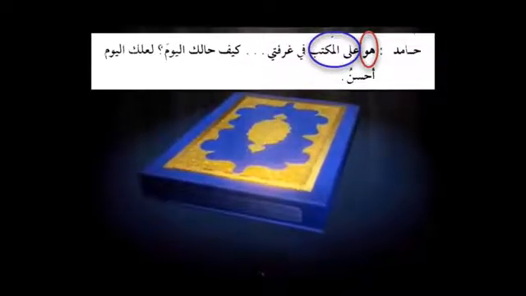كيف حالك اليوم. We know Hamid is talking to Ahmad, so it will be كيف حالك, how are you. اليوم is today, how are you today. لعلك اليوم أحسن. What does it mean here? We know لعل is من أخوات إن: إن، أن، كأن، ليت، لكن، لعل.